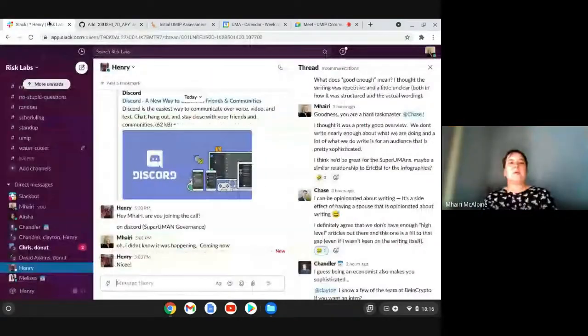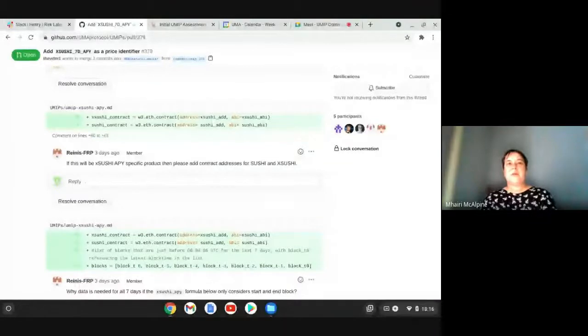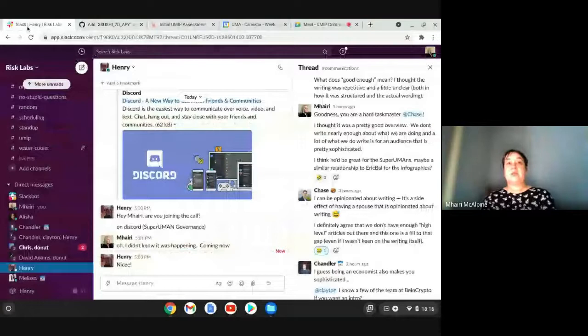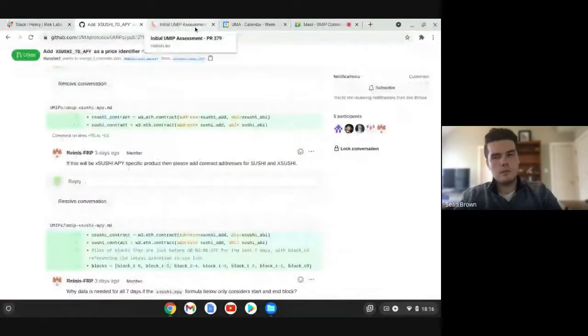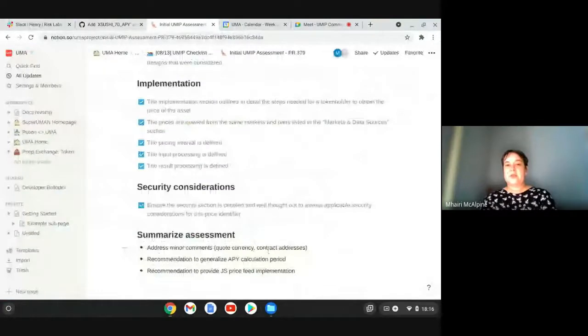I'd say that's pretty important, especially given that we've now got stuff running on Polygon as well, to make sure that we're on the right chain. Cool. So we've got a blocker around contract addresses and two strong recommendations.